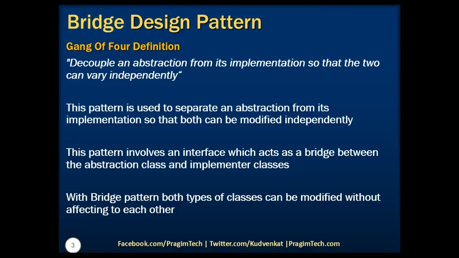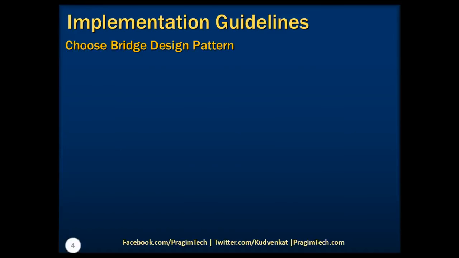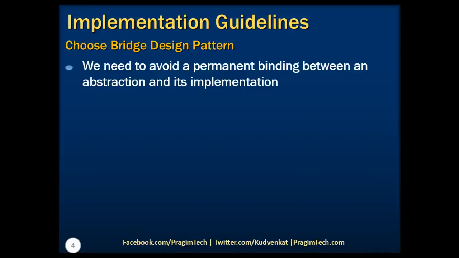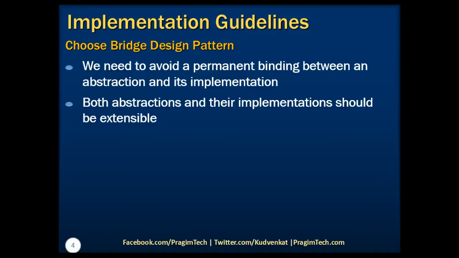Let's now take a look at the implementation guidelines of the bridge design pattern. We choose the bridge design pattern when we want to avoid a permanent binding between an abstraction and its implementation, when both the abstraction and their implementation should be extensible by subclassing, and when changes in the implementation of an abstraction should have no impact on their clients, that is, their code should not have to be recompiled.